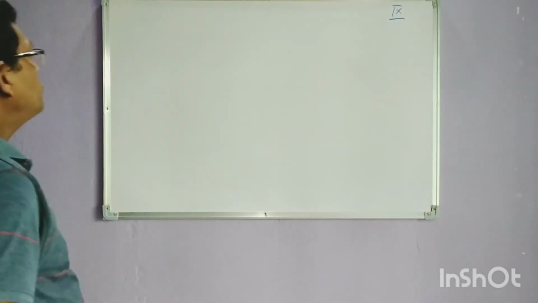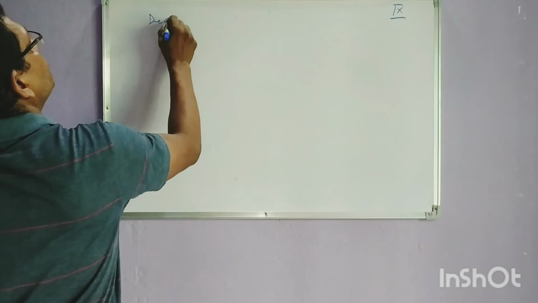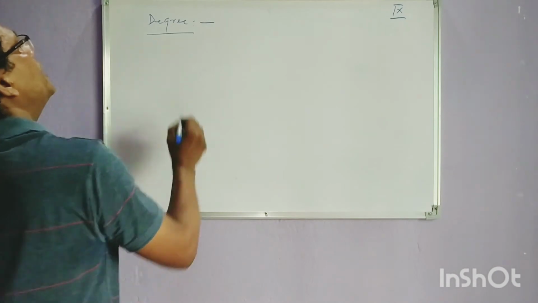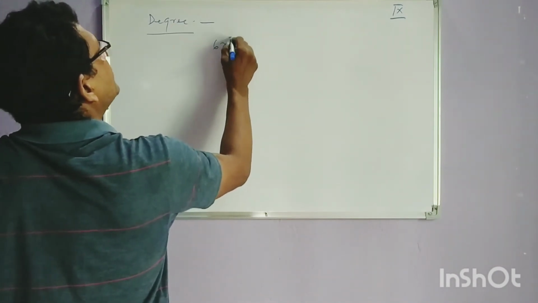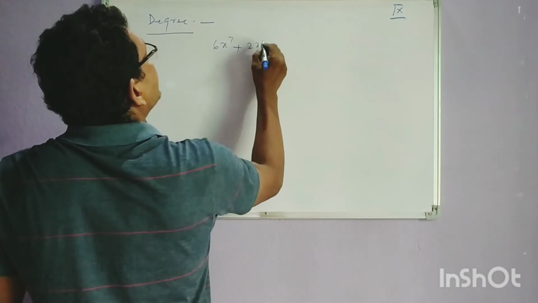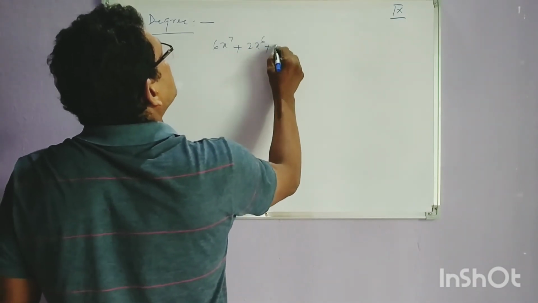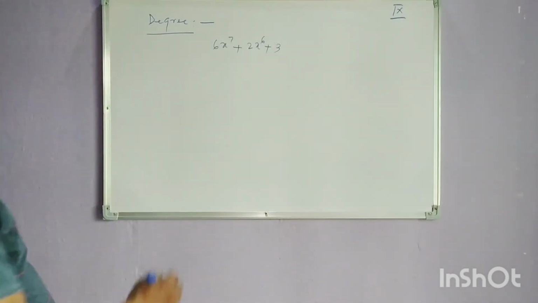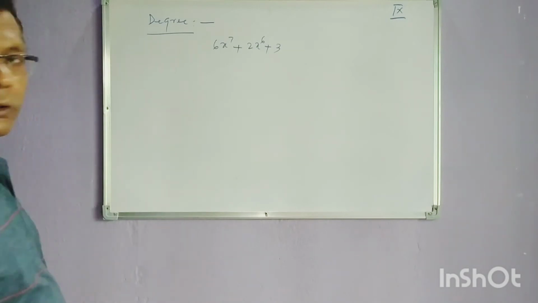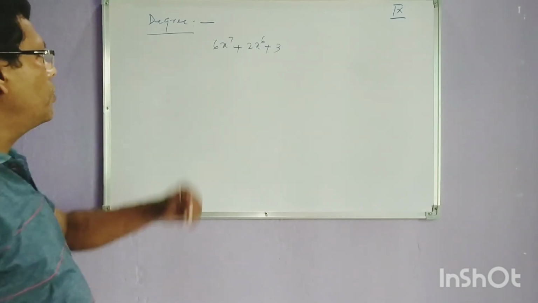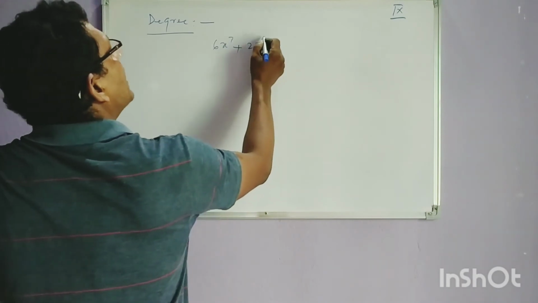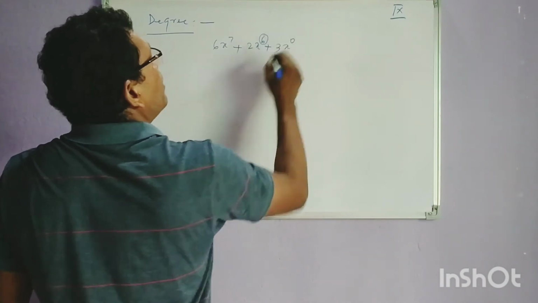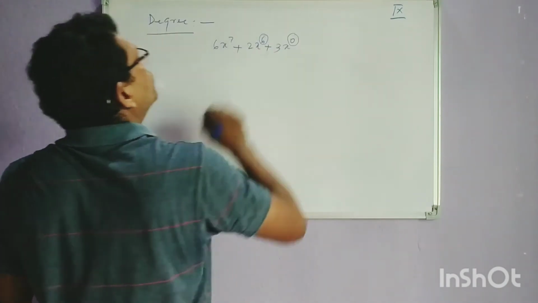Now we come to know degree of a polynomial. To know this degree, we take an expression 6x to the power 7 plus 2x to the power 6 plus 3. This is an expression. Now here we have to find out the highest power of the variable. Here we see x has power 6. If you write 3 in the form 3x to the power 0, here x has power 0.